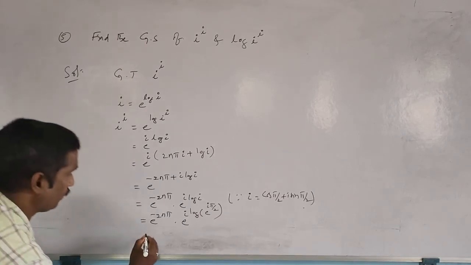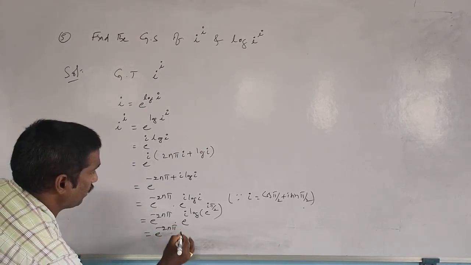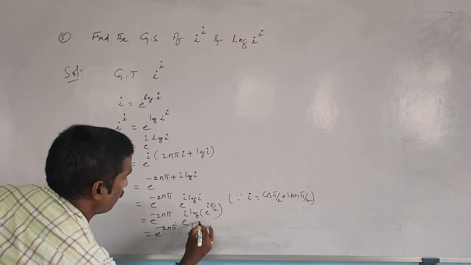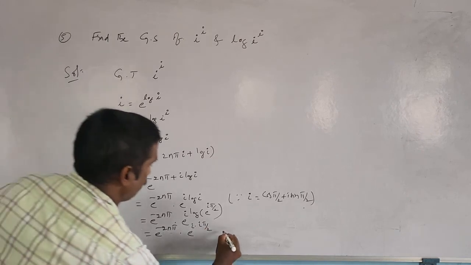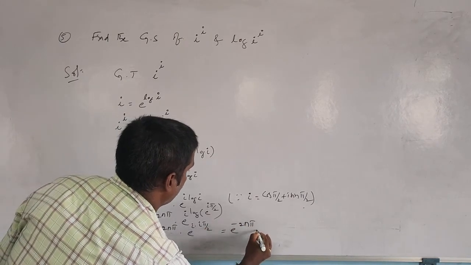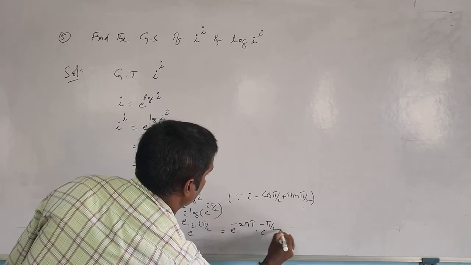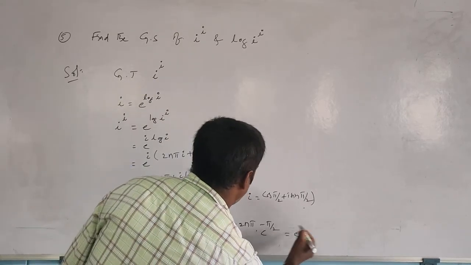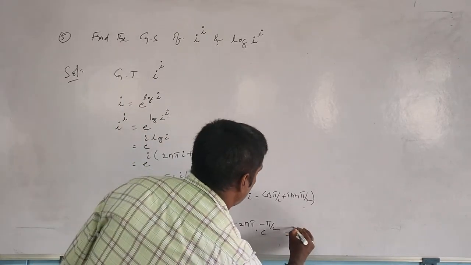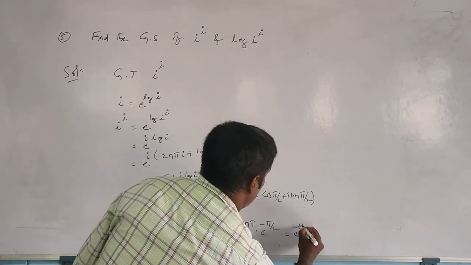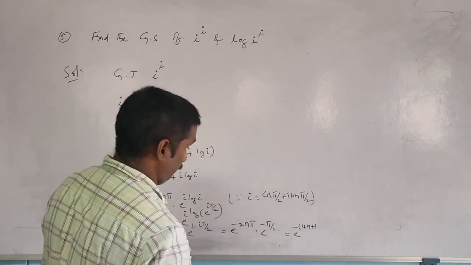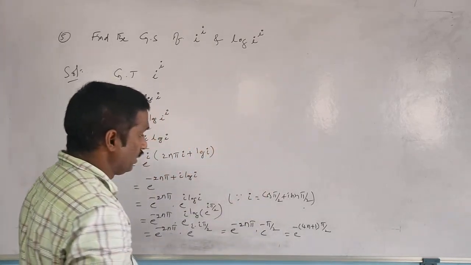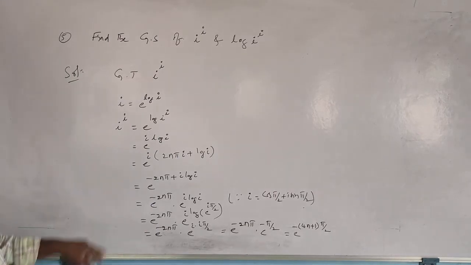That equals e power minus 2n pi into e power i into i pi by 2, that equals e power minus 2n pi into e power minus pi by 2, that equals e power, taking out the common minus pi by 2, we obtain minus (4n plus 1) of pi by 2. This is the general solution of i power i.